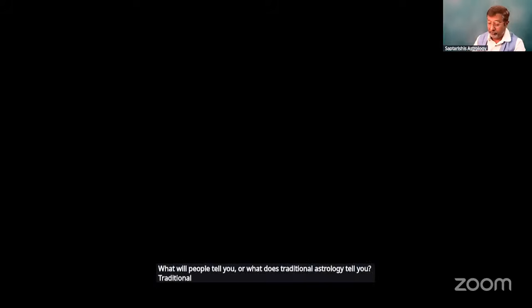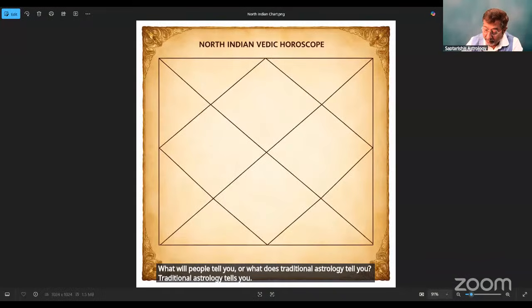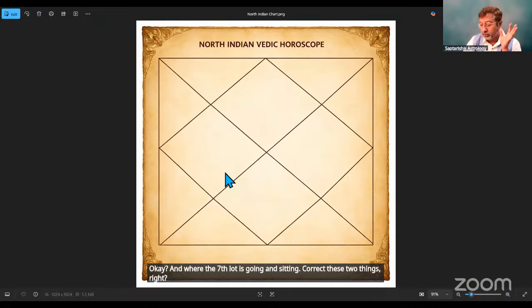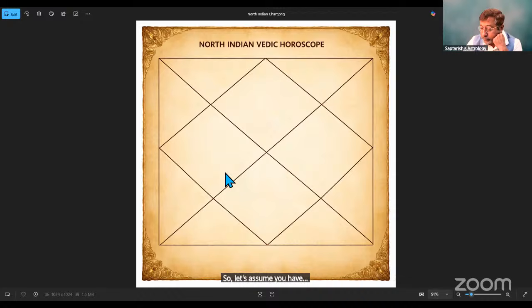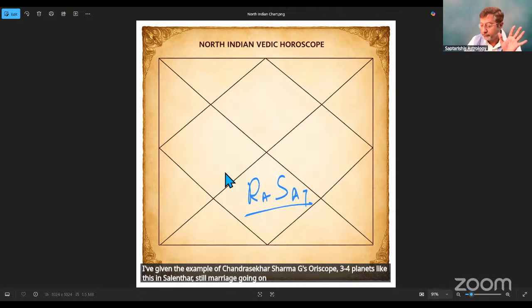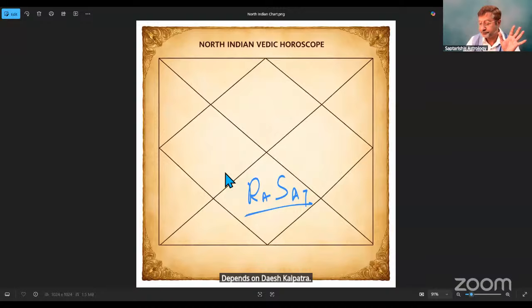Traditional astrology tells you just see if there is a planet in the 7th house, and where the 7th lord is sitting. Correct? These two things, right? So let's assume you have Rahu, Saturn, you'll say bad marriage. Don't come to conclusions so fast, it doesn't happen. I've given the example of Chandrasekhar Sharma ji's horoscope. 3, 4 planets like this in 7th and still marriage going on. Depends on Desh Kal Patra.